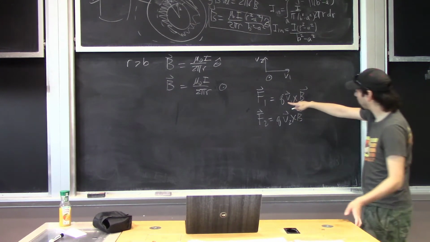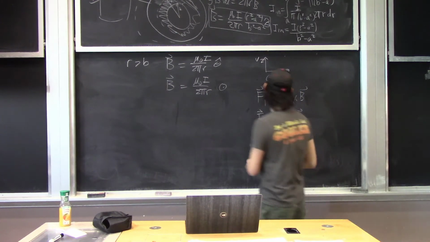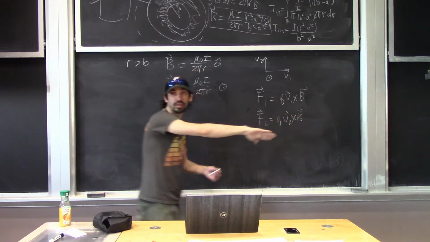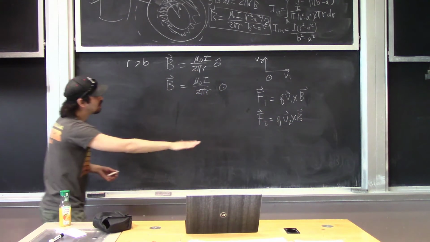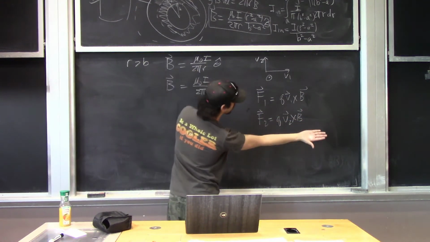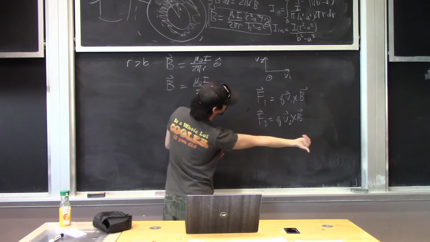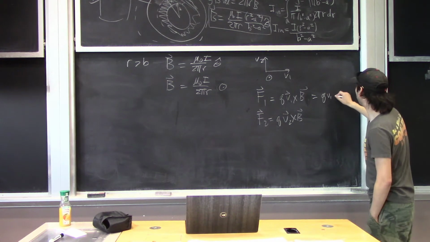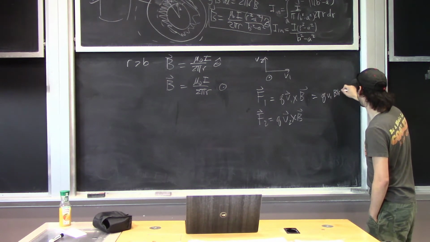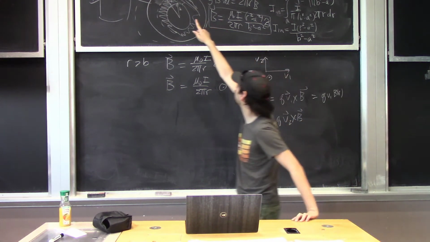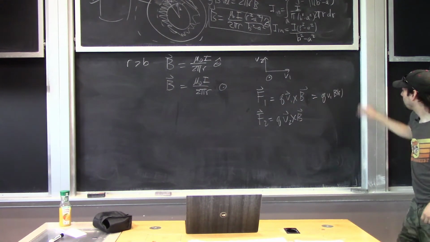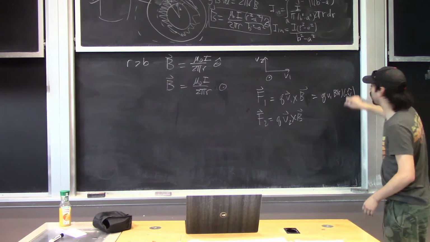So for the first one, this velocity is going to be going to the right, so we point our fingers in the direction of the velocity. Magnetic field curls out, so this is going to go this way. And so what this says is that this force is going to be Q V1 times B as a function of R, whatever the distance is from the center, using this magnetic field, in the negative Y hat direction, right?